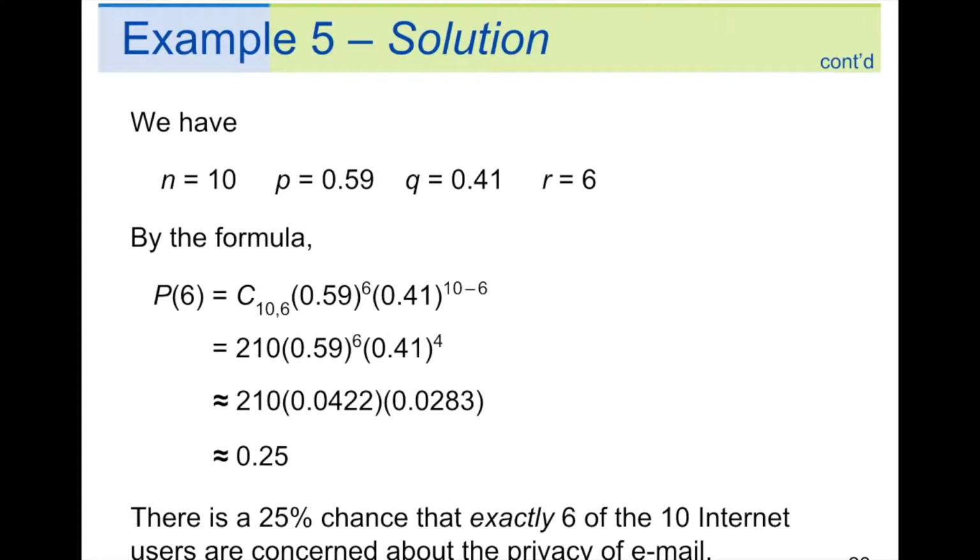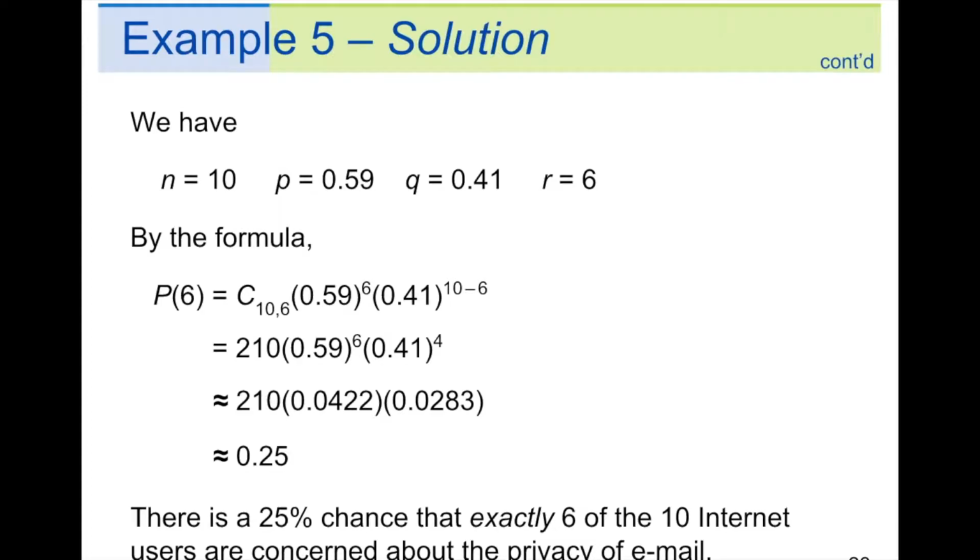So, by the formula, we do 10 choose 6, which becomes 210, times 0.59 to the 6th, times 0.41 to the 10 minus 6, which is 4. Then figure those out, multiply them all together, and it approximates to about 0.25.